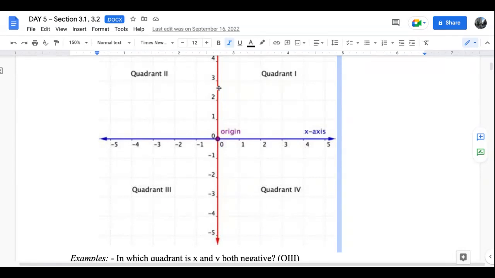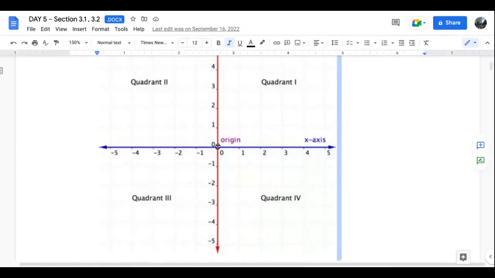And the middle point, where the blue line and the red line intersect, is called the origin. Origin means the starting point. It's 0 for the x-axis, and it's also 0 for the y-axis. On the left-hand side of the origin, negative values for x. On the right-hand side, on the blue line, positive. And the origin is 0 for y.